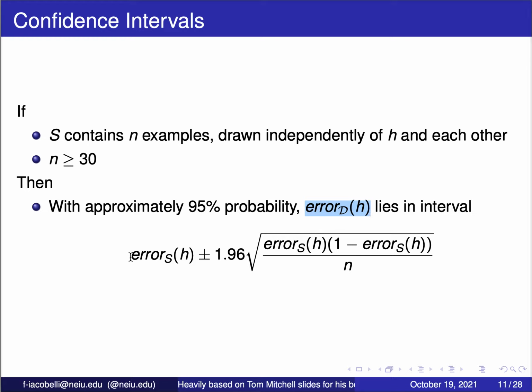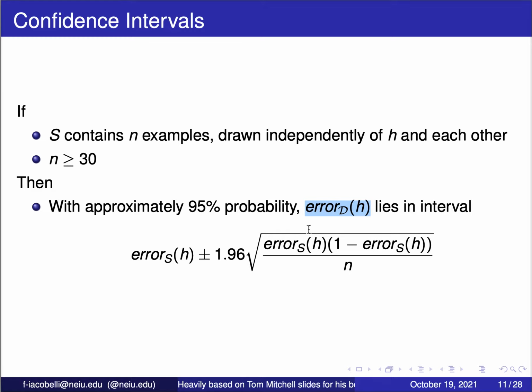It lies between the error of the sample plus or minus 1.96 times the square root of the error of the sample, which was, I don't know, 0.3, times 1 minus the error of the sample, which in this case would be 0.7, divided by the total number of examples, which in this case was 40 in the previous case, right? So this is a formula that will tell me with 90% probability where the error in the real world is.